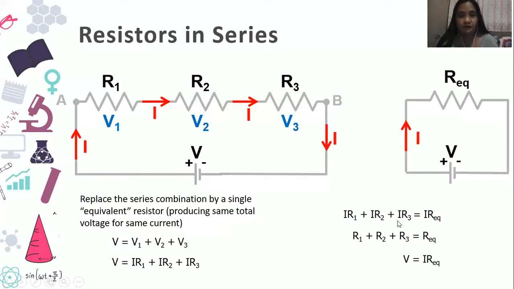So this is V1, V2, V3, and of course this is the total voltage. Dividing those circuit elements by I, we can say that's R1 plus R2 plus R3, because of the equivalent resistance.